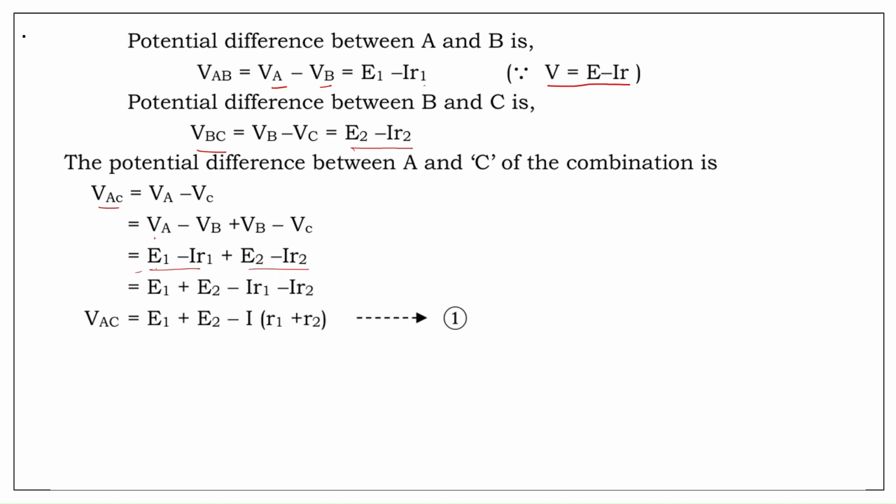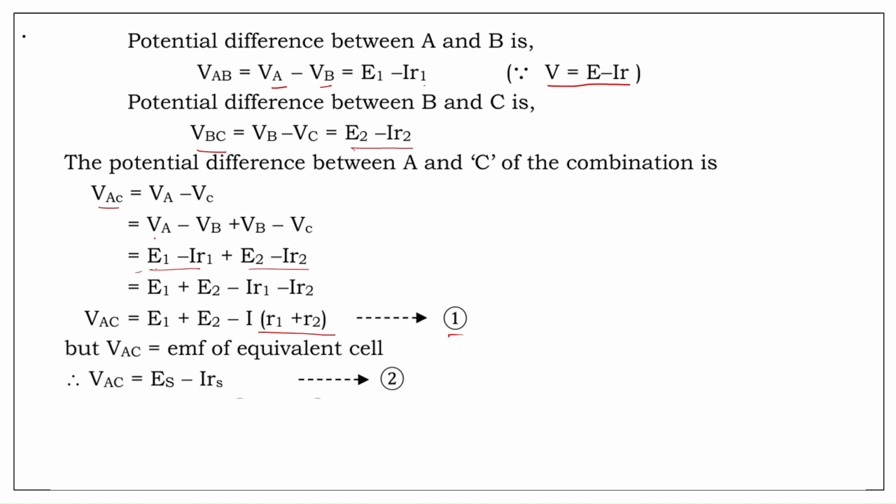That is equal to E1 plus E2 minus I R1 minus I R2. Therefore, VAC is equal to E1 plus E2 minus I into R1 plus R2. Mark as equation 1. But VAC is equal to EMF of equivalent cell.